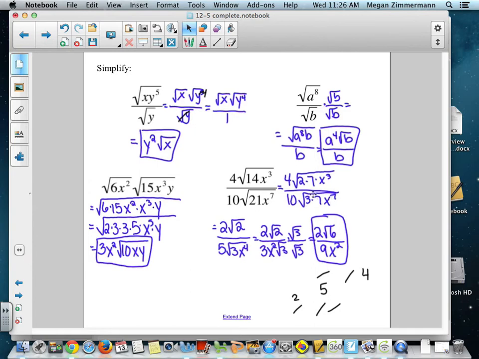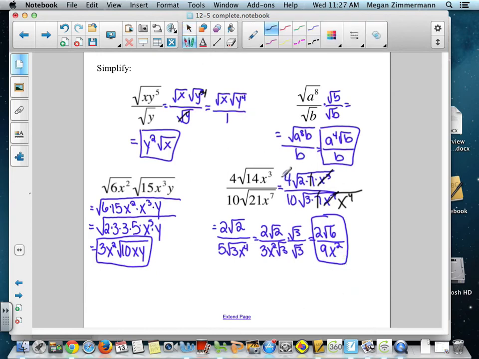Because now I can go through and cancel out the square root of 7 with the square root of 7, and then the square root of x cubed with the square root of x cubed. So if I take away x cubed from that, I have left the square root of x to the fourth in the denominator. Okay. And then I also notice that 4/10 I can simplify to 2/5.